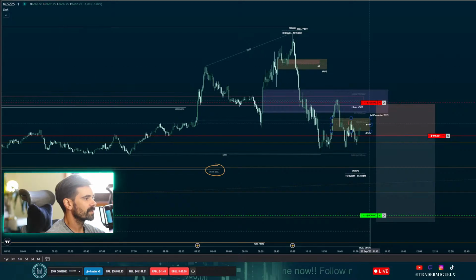So price is inside once again of this inverted fair value gap, and it's getting a speed to the upside. Honestly, not liking how this is behaving.